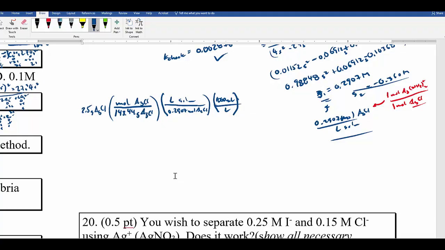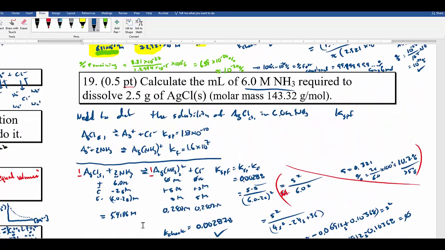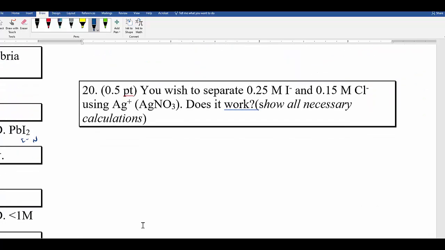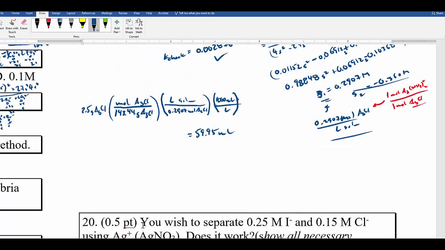So 2.5 divided by 143.44 is 0.0174 moles. So this is going to be way less than a liter. Divided by 0.2907 moles times 1,000. 59.95 milliliters. So about 60 milliliters. Yeah, 60 milliliters.